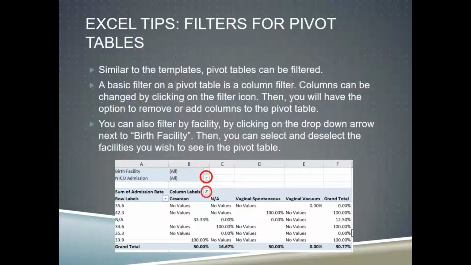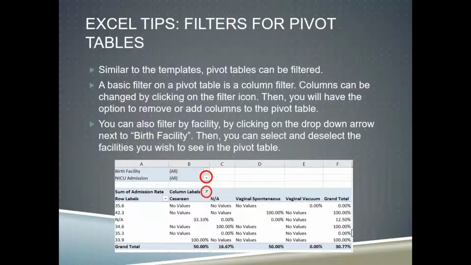And then this is just another Excel tip for when you're using pivot tables. You can filter on certain things, whether it's the columns or at the report level, by clicking on the arrows there.